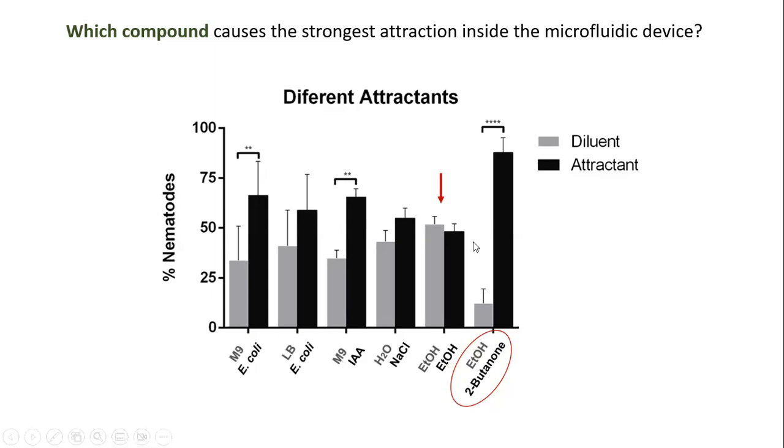These results show that the greatest attraction for the nematodes was to 2-butanol, followed by hexanol and E. coli. These data represent the control of 2-butanol. It means to confront the butanol with its diluent, which is ethanol. For that reason, we selected the system ethanol to butanol.